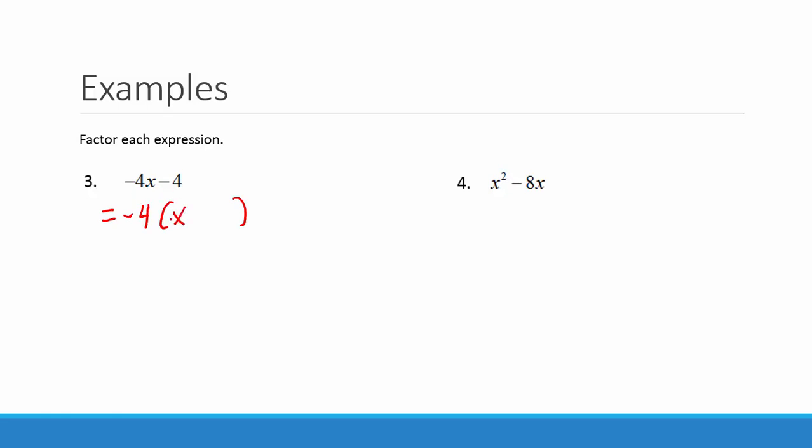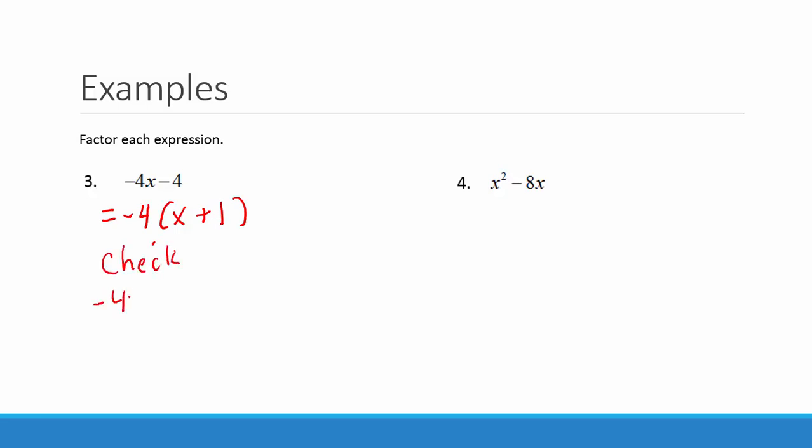That would be x. Then let's ask ourselves, what should we write here so that when we multiply by negative 4, we get negative 4? What times negative 4 is negative 4? Well, that's positive 1. So let's check by multiplying out.